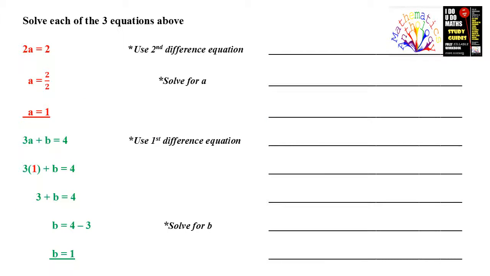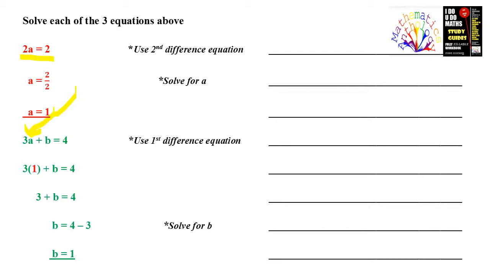We need to now solve each of these three equations, and you start with the second difference equation first. So 2a is equal to 2, so a will equal 2 divided by 2, which gives us a equal to a value of 1. Now this 1 you need to substitute into the next equation, which is 3a plus b is equal to 4.